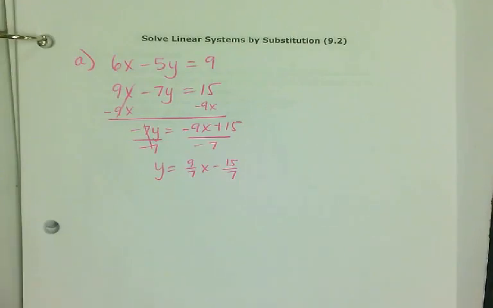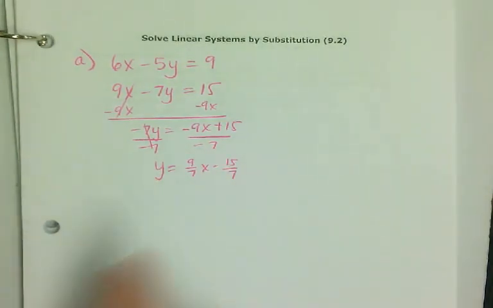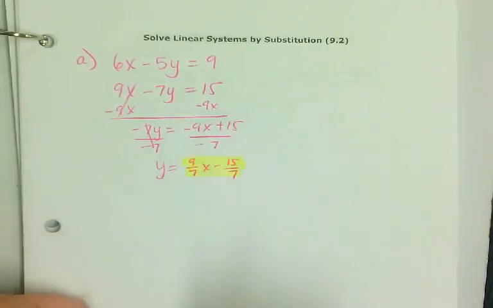Now, like I said, I picked this because it's ugly, okay? So, that's okay. What we have done is we have isolated y. Y has this value right here. 9/7 x minus 15/7. Y is equal to that.